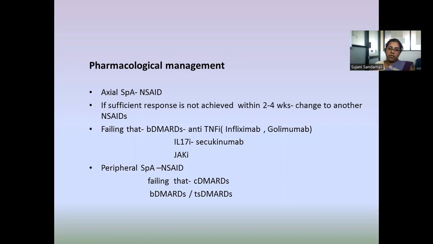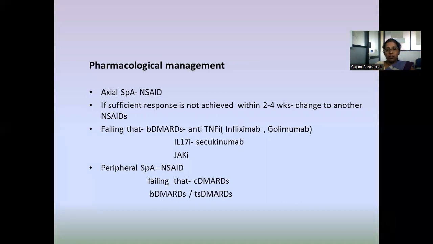Janus kinase inhibitors, which are targeted synthetic DMARDs, again can be used for the management.